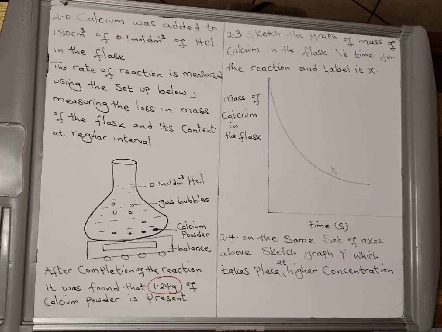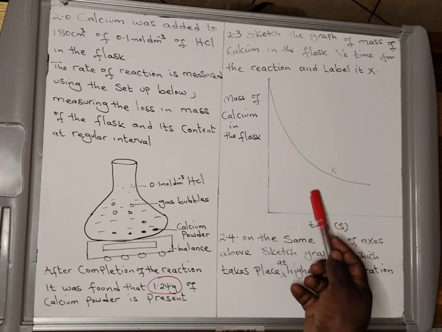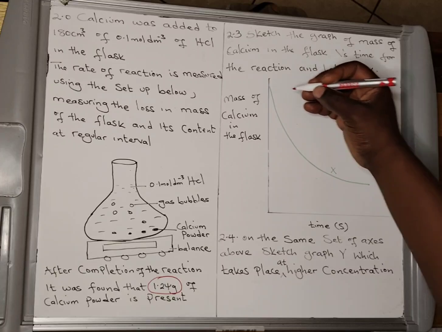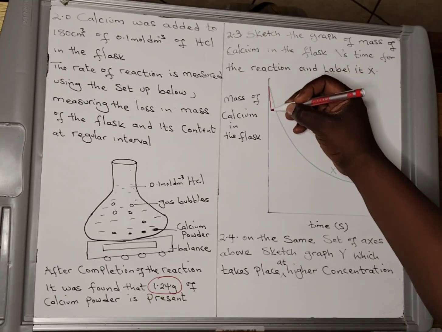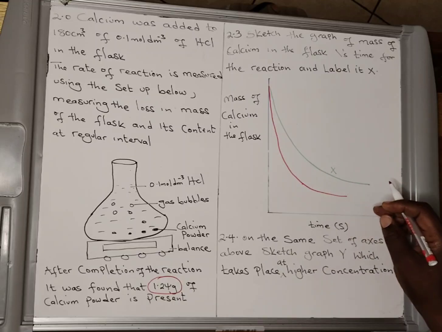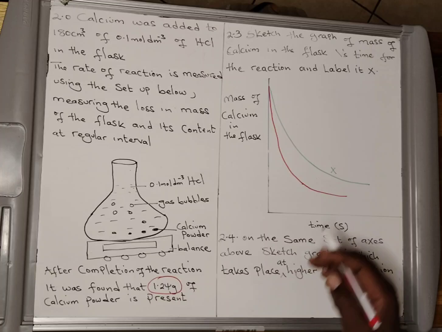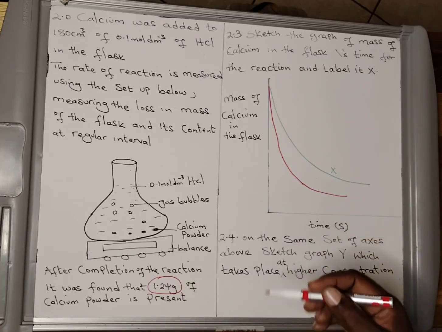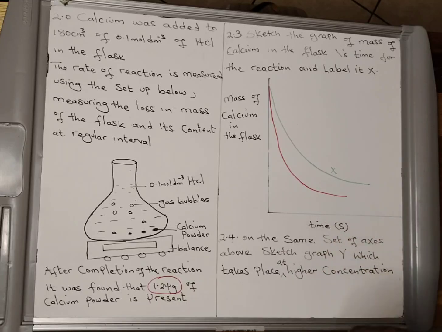And how do you show the extent of the rate on this graph? You have to know that a higher rate takes less time to reach completion. So our graph Y will be like that. Remember, when the graph flattens out, it means that it has reached completion. So this one reaches completion before the other one. So that's the graph we are having.